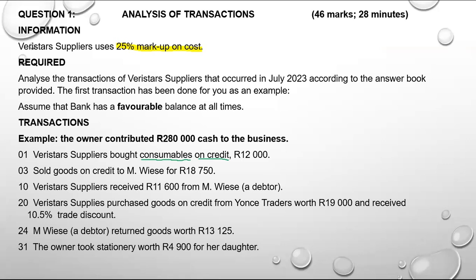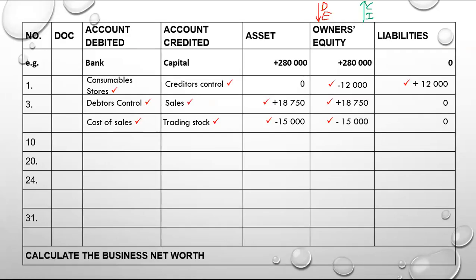And when our bank account increases, it will increase on the debit side. We will basically just debit bank. M. Visser was a debtor. And when a debtor pays us, it'll decrease our debtor's control, what that debtor is owing us.